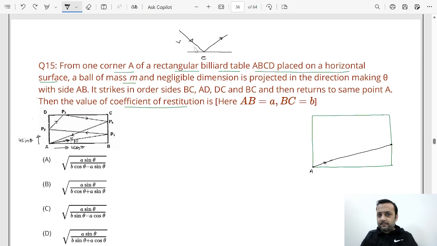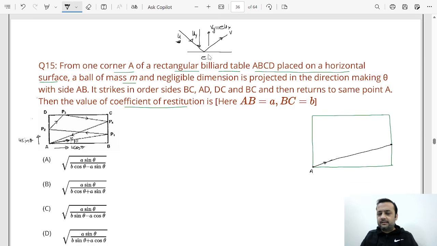For example, suppose the initial y velocity was uy, meaning the ball was approaching the surface with uy. Although the ball is going in this direction, its y component Vy will be e times uy. It's a very important result.